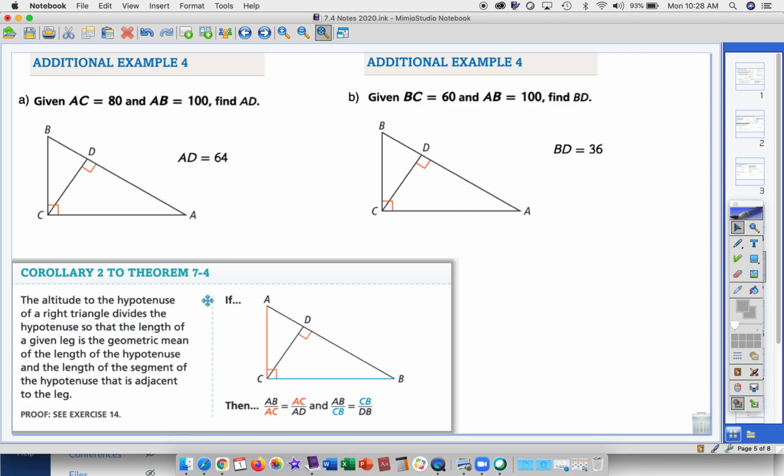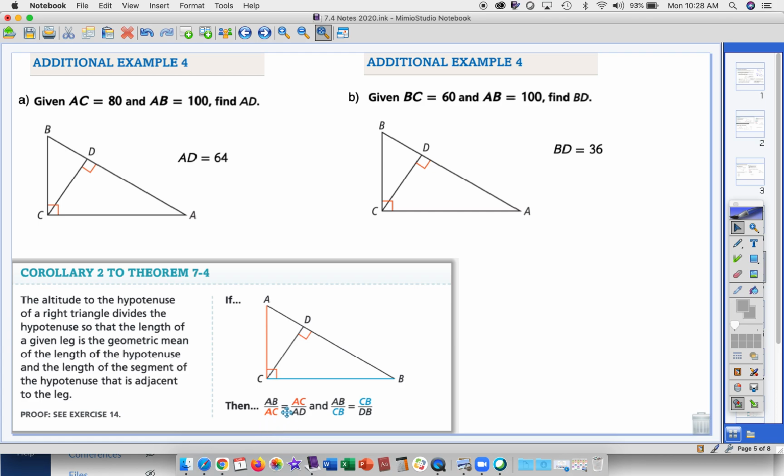Corollary 2 to Theorem 7.4. The altitude to the hypotenuse of a right triangle divides the hypotenuse so that the length of a given leg is the geometric mean of the length of the hypotenuse and the length of the segment of the hypotenuse that is adjacent to that leg. That's a mouthful.